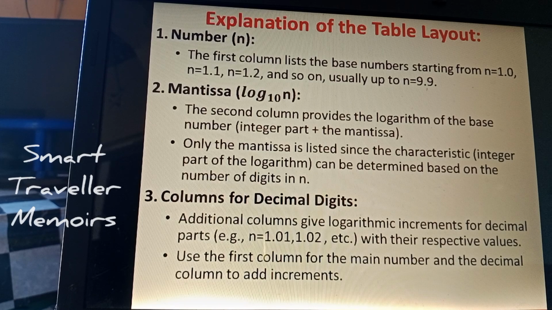Columns for decimal digits: additional columns give logarithmic increments for decimal parts n, 1.01, 1.02, etc. with their respective values. Use the first column for the main number and the decimal column to add increments.